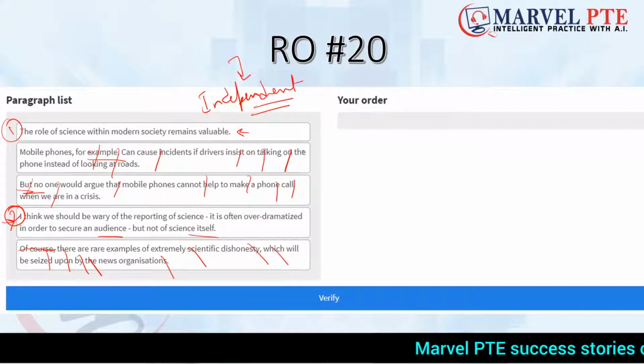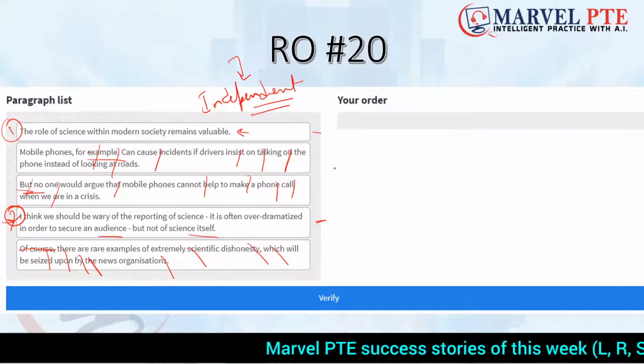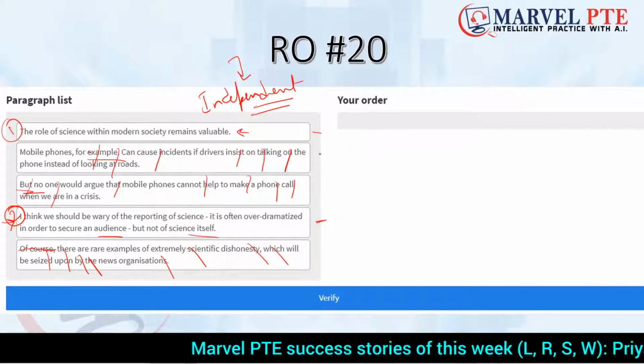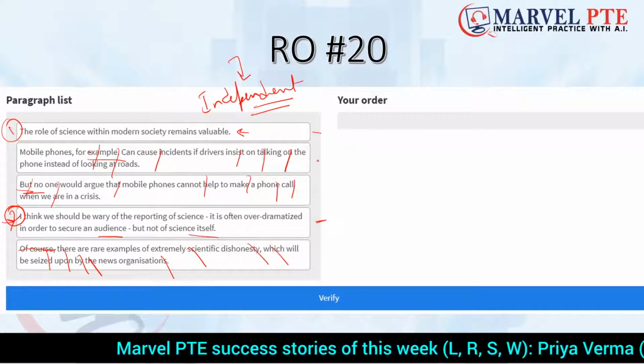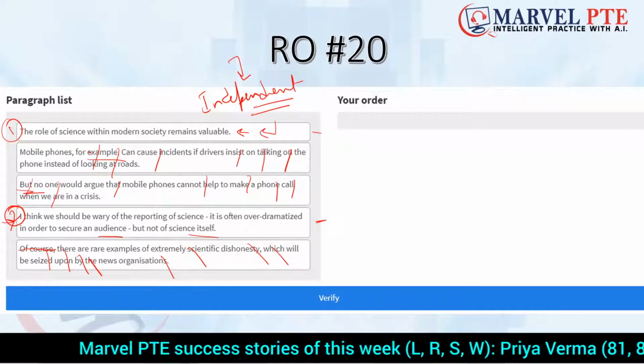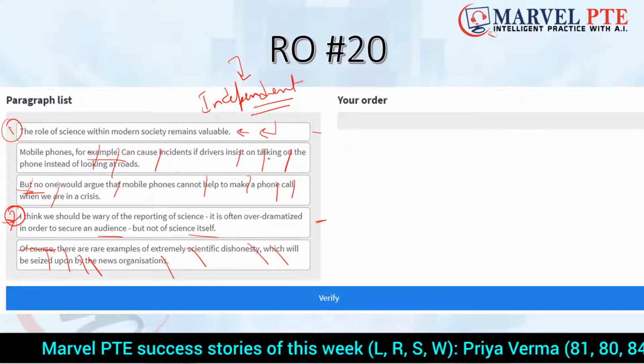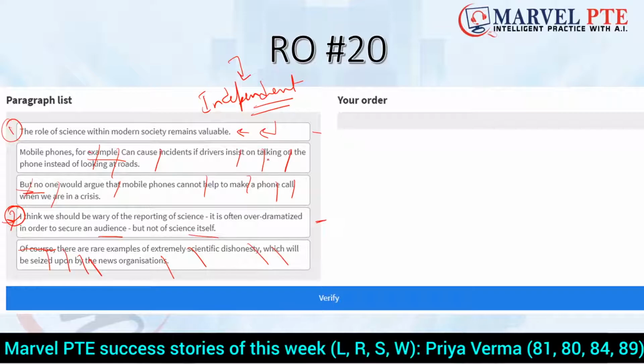Now the question is this: we have two independent lines which seems to be independent. Which one of them will be the first line? If you see, the role of science within modern society remains valuable. Yes, this is an independent line, but this doesn't seem like a starting line of the sentence. It seems that it is going to reinforce something which has already been discussed.